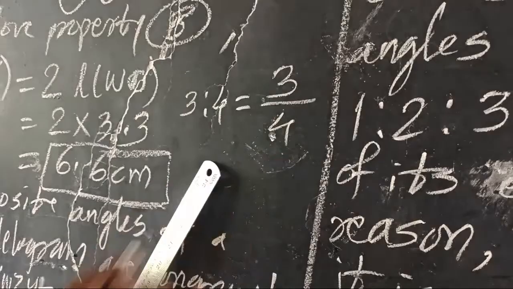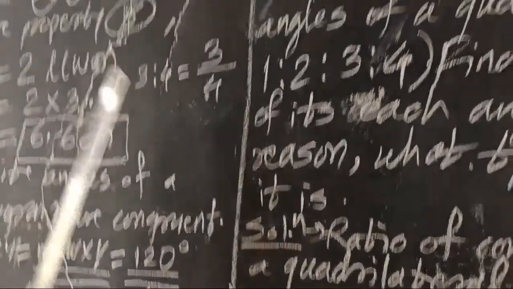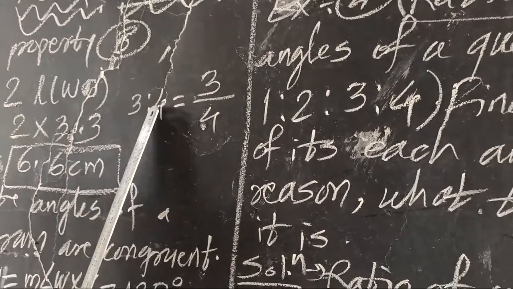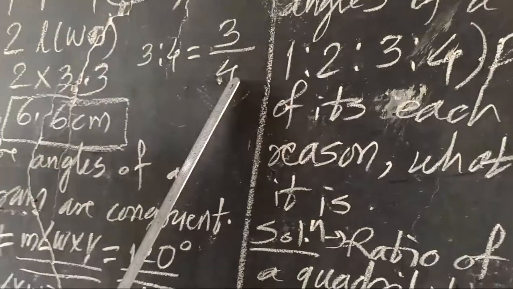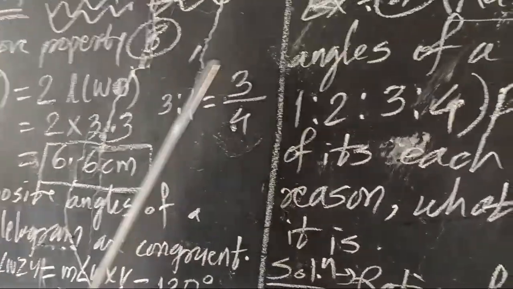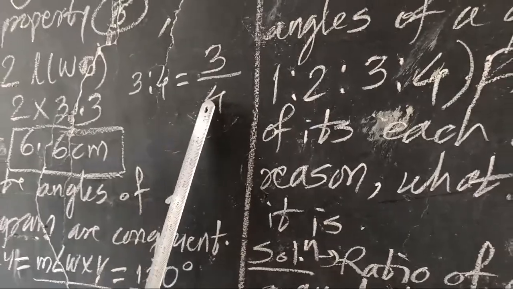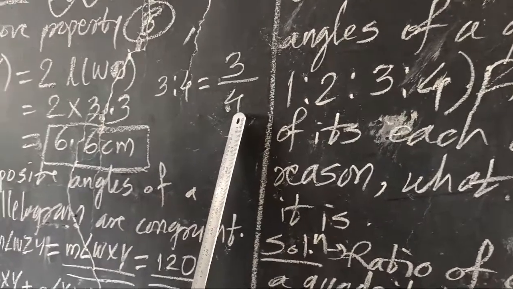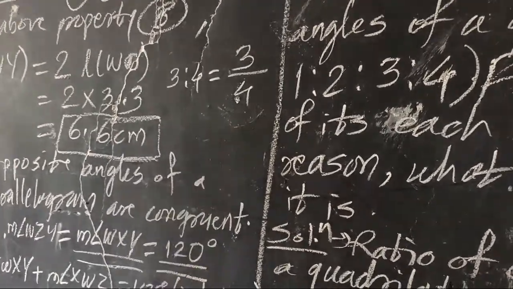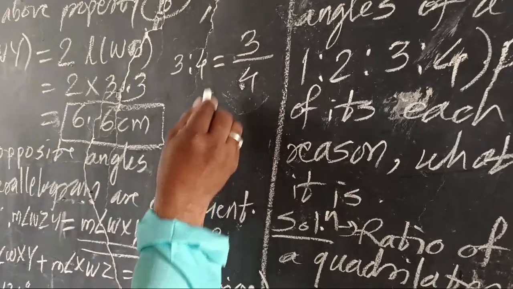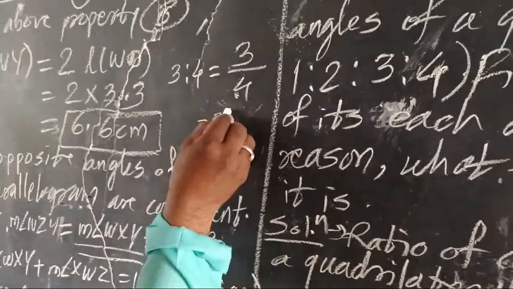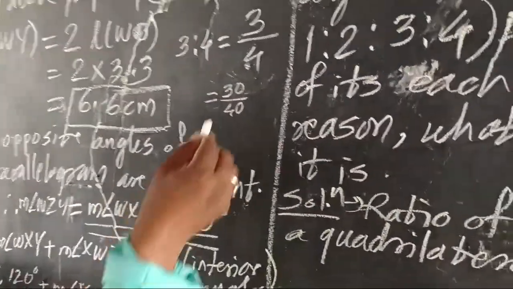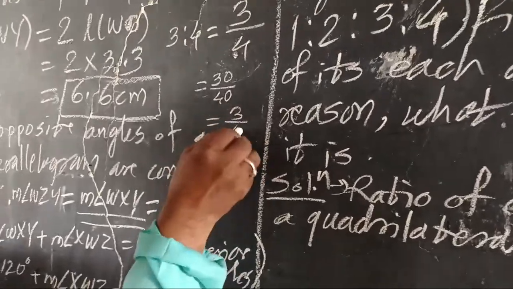Here this ratio 3:4 is written as 3/4. 3/4 is the answer after dividing by one number. Which number do we divide here? Suppose we divide by 10: 10 3s are 30, 10 4s are 40. And after dividing by 10, we get 3/4.